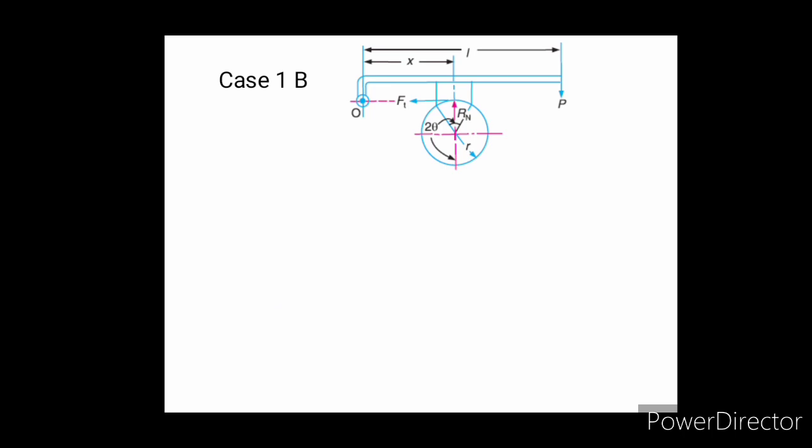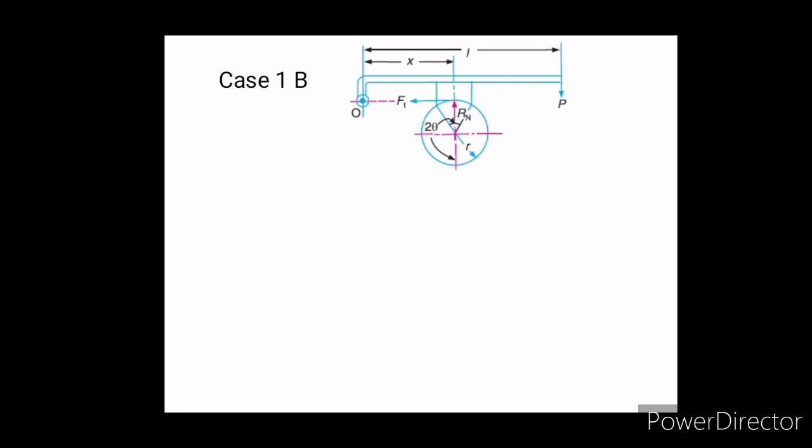In this case, look at the block. The wheel is moving in anti-clockwise direction, so the friction acting on the wheel will oppose its motion. It means the friction will be in clockwise direction on the wheel.